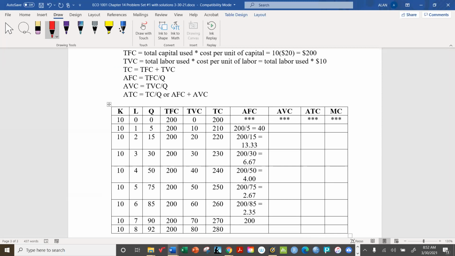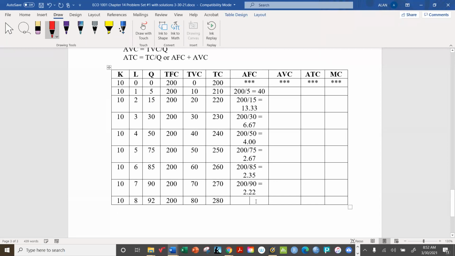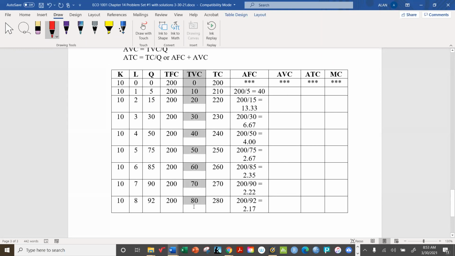Okay, 200 over 90, which is 2.22. And then finally, we have 200 over 92, which is 2.17. All right, so now these are a little easier than most of them because in each case, the numerator is 200.